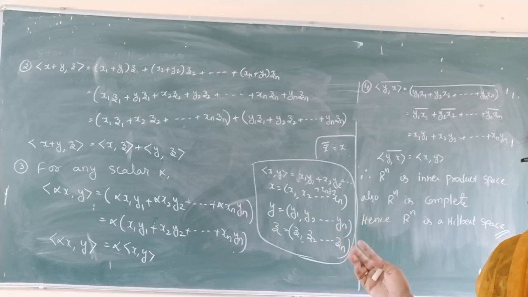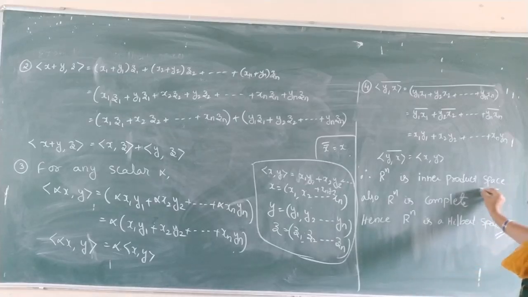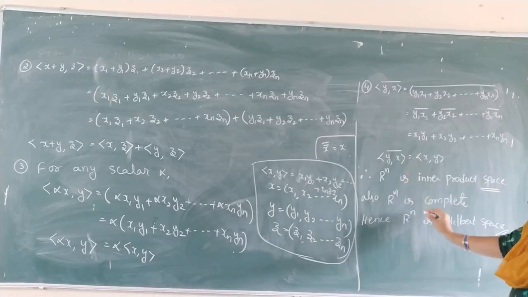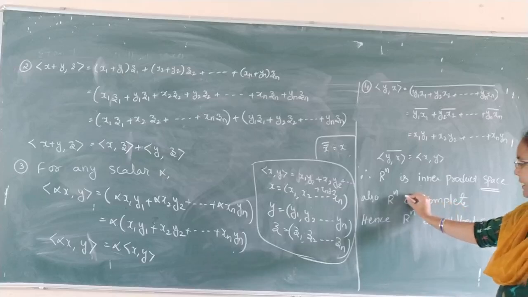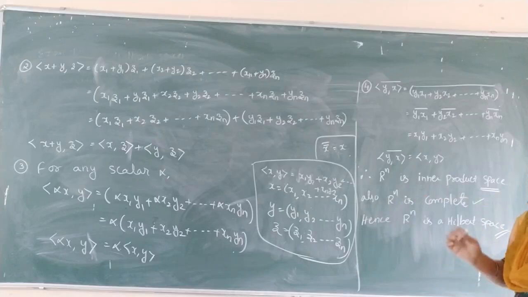In case you get this question as a long answer, then up to the inner product space the proof is collected from this problem, and R power n is complete. Completeness you already have in unit 1. From that you can collect the proof of completeness.